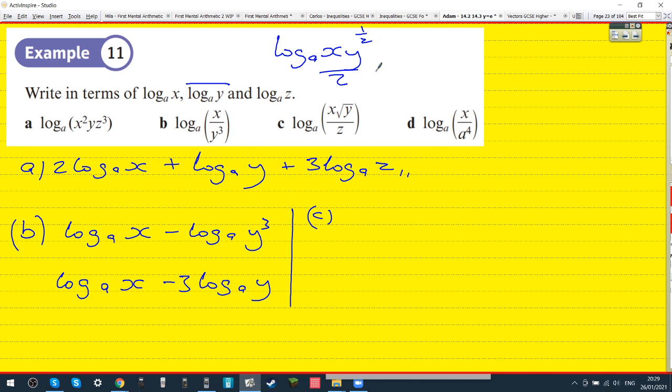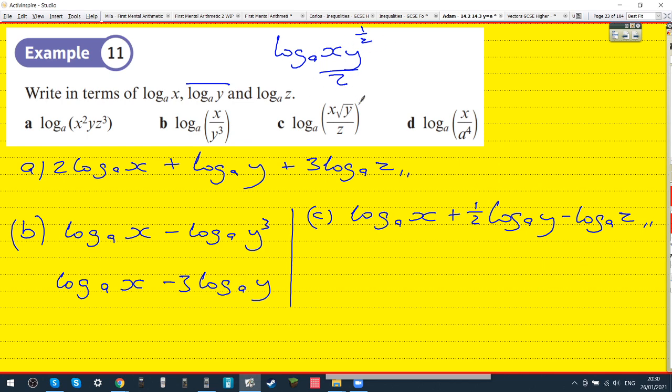So you'd write it out as log ax plus a half log ay. And would those be in brackets? Nope. It's fine. Okay. And then you do minus log az. Yeah. Brackets wouldn't hurt, but they're not necessary because adding and subtracting doesn't matter what order. Multiplying and dividing doesn't matter what order.